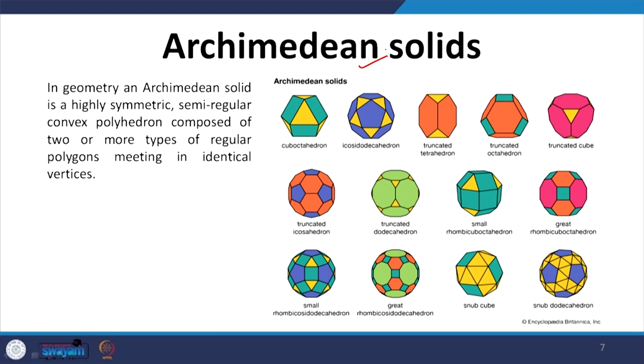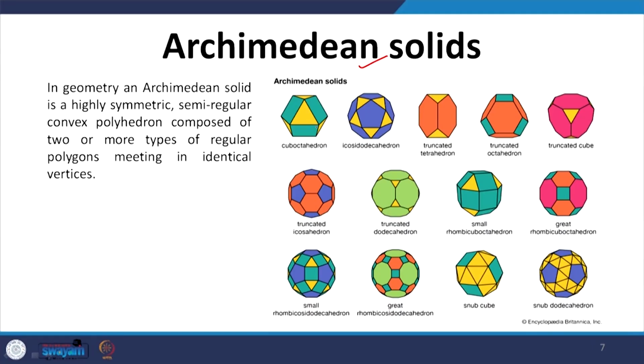What happens in Archimedean solids is that it is formed by a combination of 2 or more regular polygons, and the condition remains that at each point the number of faces joining remains the same for all the different types of regular polygons that are coming together.